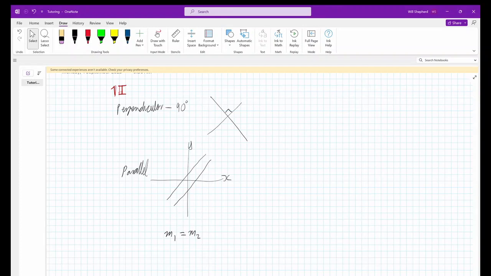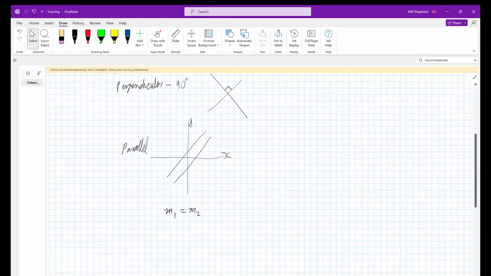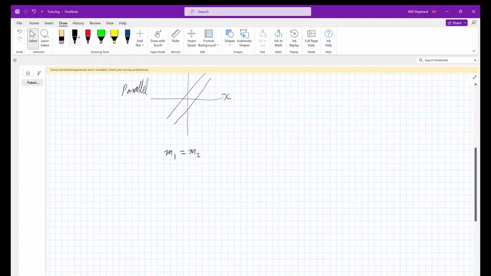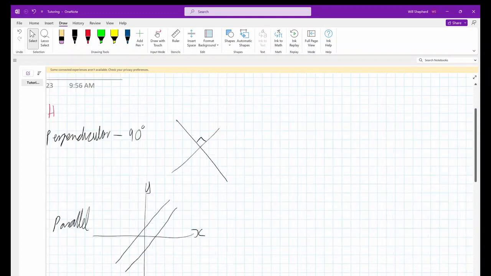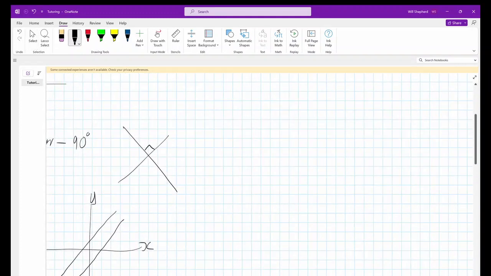Perpendicular lines, however, do not have the same gradient. They have an inverse relationship to their gradient. So, for example, perpendicular lines relate to one another using this formula here, which is m1 times m2 is going to be equal to -1.